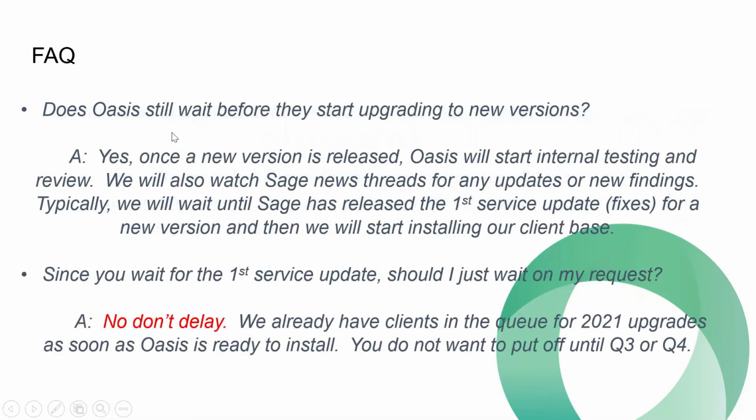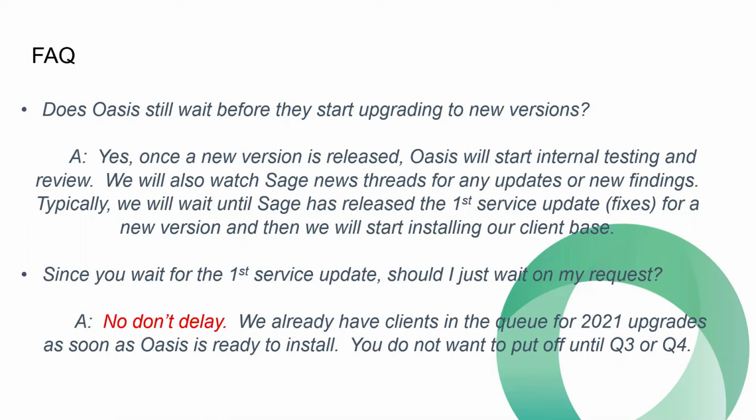Another question, and I get this a lot, is does Oasis still wait before they start upgrading new versions? And the answer to that is yes. For those of you that are long-term clients, you know that we never start installing a new version immediately. We start doing internal testing and review the new features.